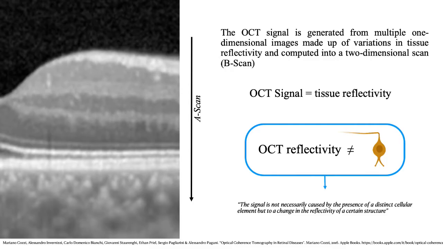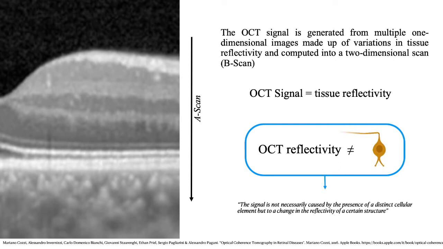So the OCT signal is generated from the multiple one-dimensional images made up of variation in tissue reflectivity and computed into a two-dimensional scan, which is the known B-scan. So multiple A-scans then form one single B-scan. So the OCT signal is generated from tissue reflectivity.